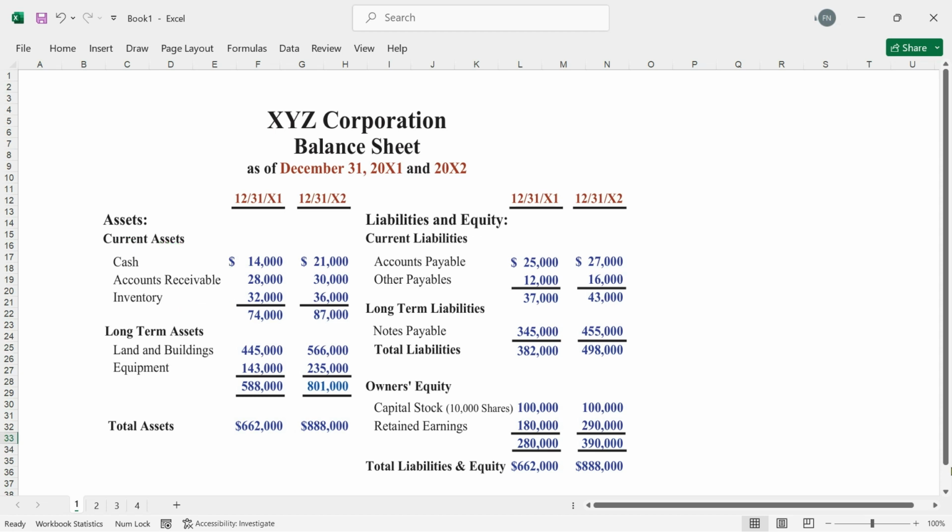Now let's look at some of the long-term assets, and some of the more common ones are, as noted here, land and buildings or equipment. Certainly land and buildings, if we're not in the real estate business where we're buying and selling land or buildings, we'll buy some land, buildings for our manufacturing facility or for our retailing store or whatever, and plan to operate out of that building for more than 1 year.